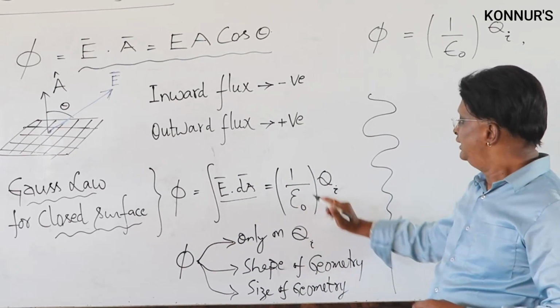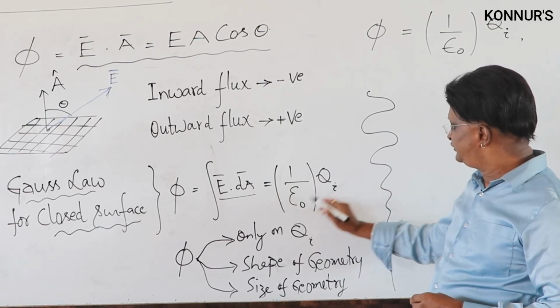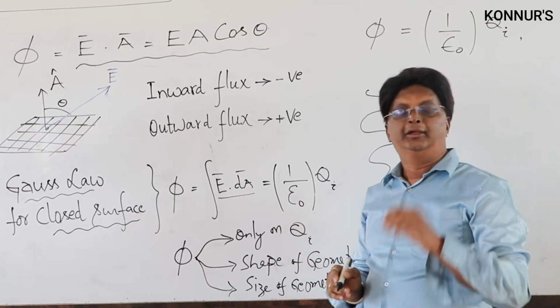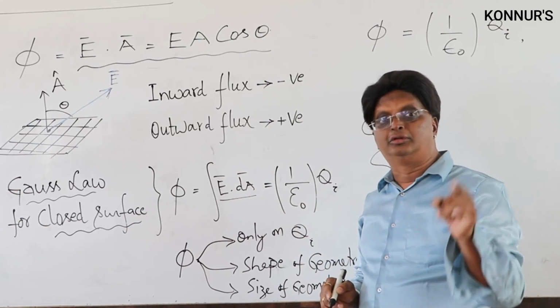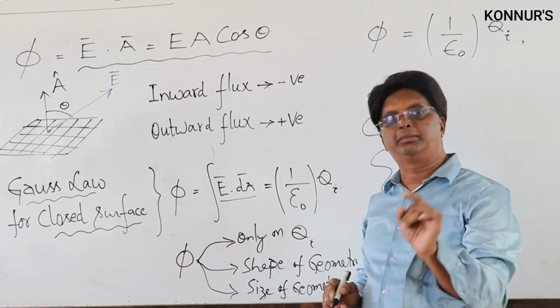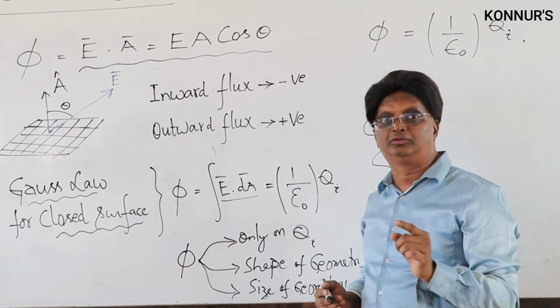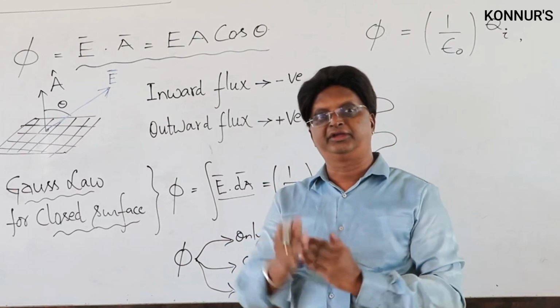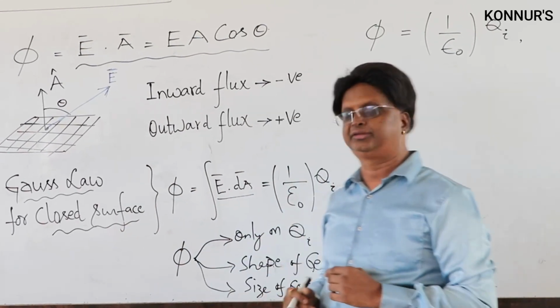And here you can find this is 1 by epsilon naught times Qi, and this Qi refers to the net charge enclosed by the surface. Remember, this is net charge enclosed, that is the charge present inside the closed surface but not outside the surface.